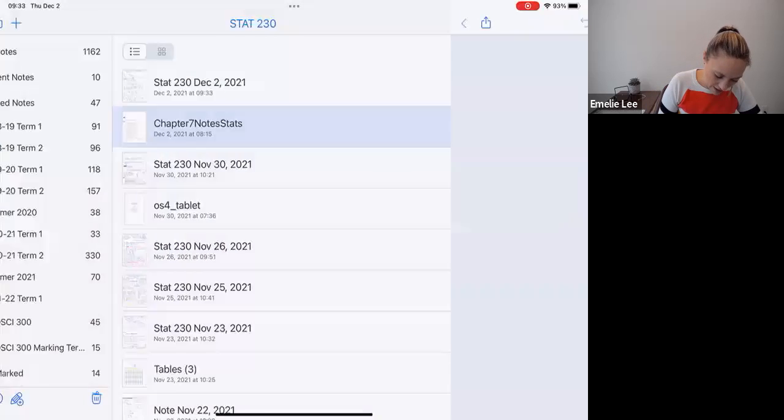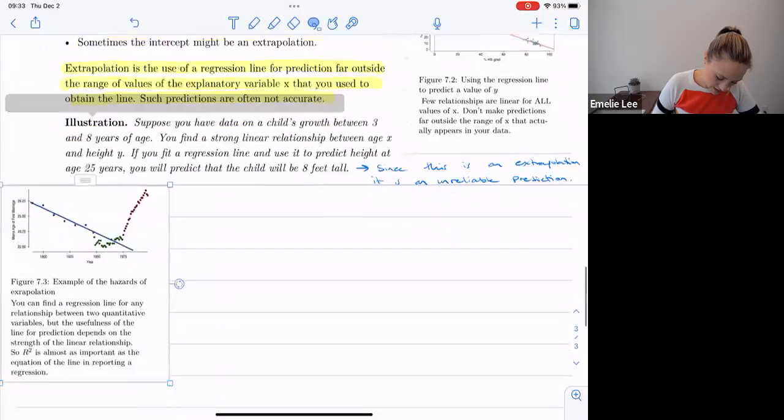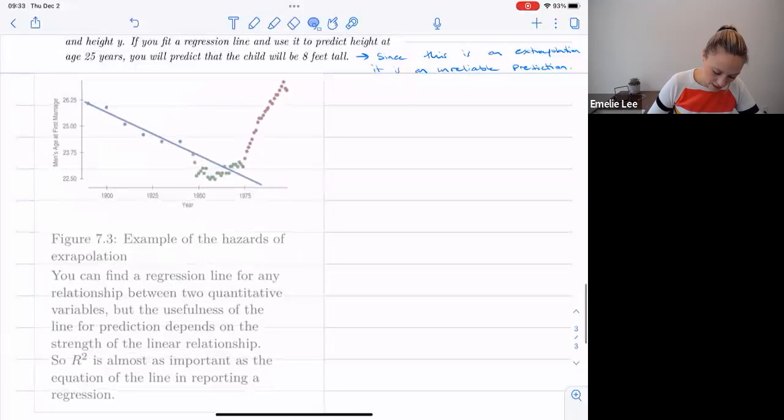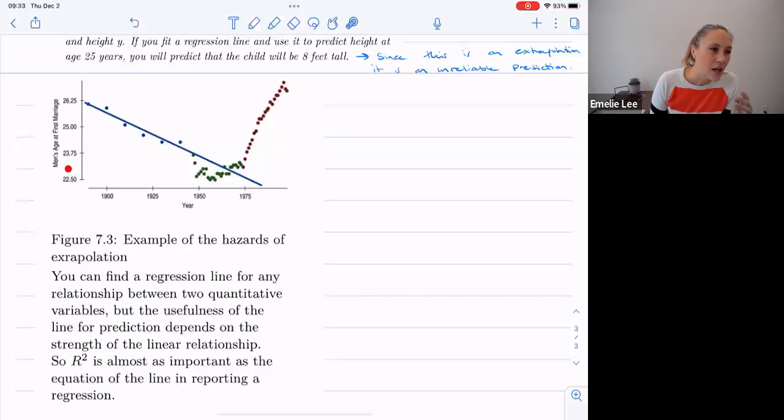I'm kind of done talking about extrapolation, but this one's pretty interesting. Sometimes, depending on what section of X you're in, right? Here we have information on men's age at first marriage, so how old they were when they first got married, by the year.